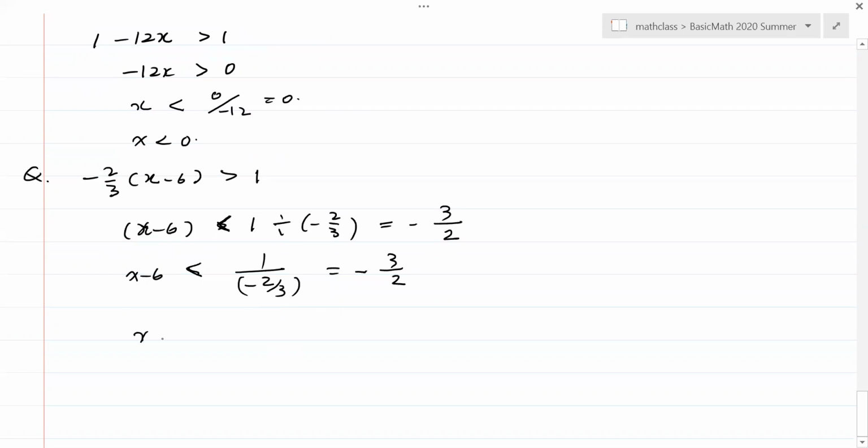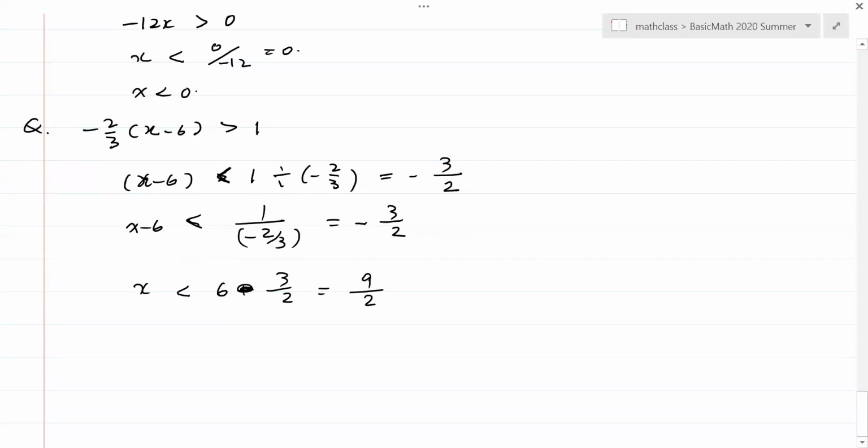Then you move the 6 to the right-hand side, so it's 6 minus 3 over 2. And after you combine them, 12 over 2 minus 3 over 2, it's 9 over 2. So x is less than 9 over 2. Okay. All right.